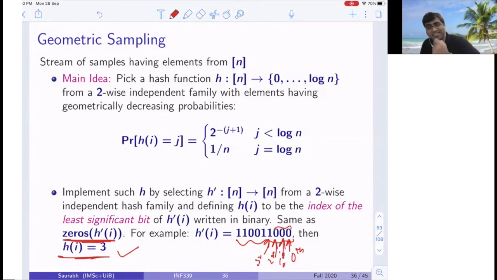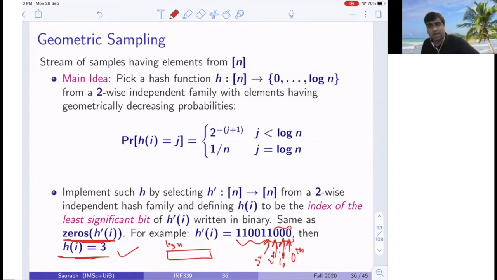So least significant bit. So now if you are starting from numbers 1 to n, h prime is going to give you a binary number with log n bits. So now based on what its bit is, you will map to 0 to log n. So if h prime is uniform from 1 to n, how many numbers will you see with the 0th bit?